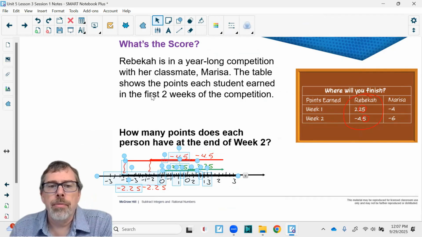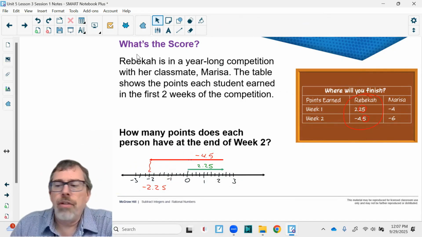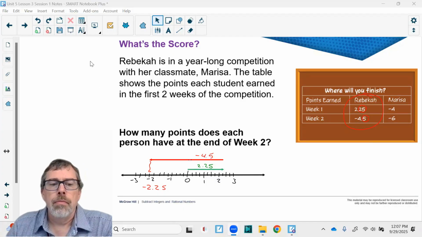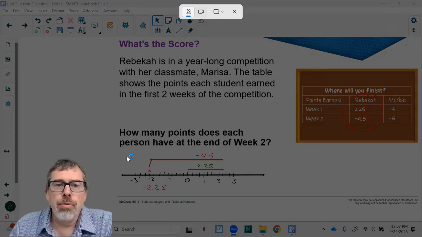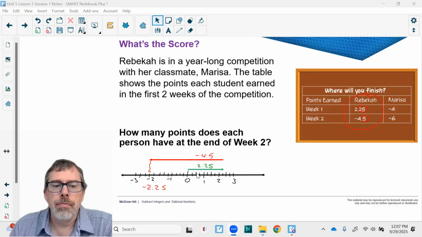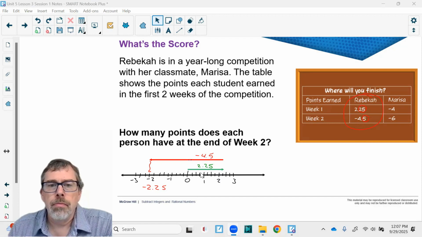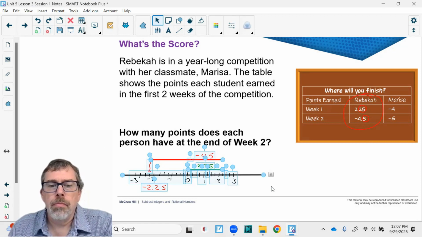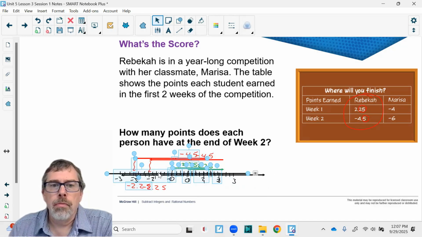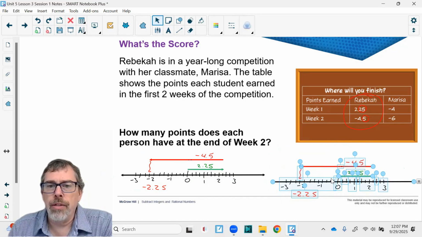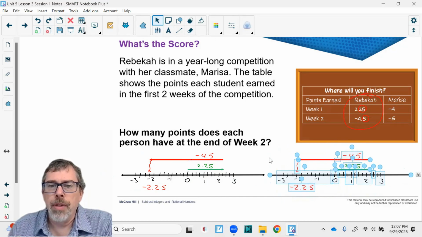That's not going to work. Let me try one thing first. Okay, so I just had to make an adjustment to my background here. Okay, that's what I was trying to do. Okay, so now we have a new number line.